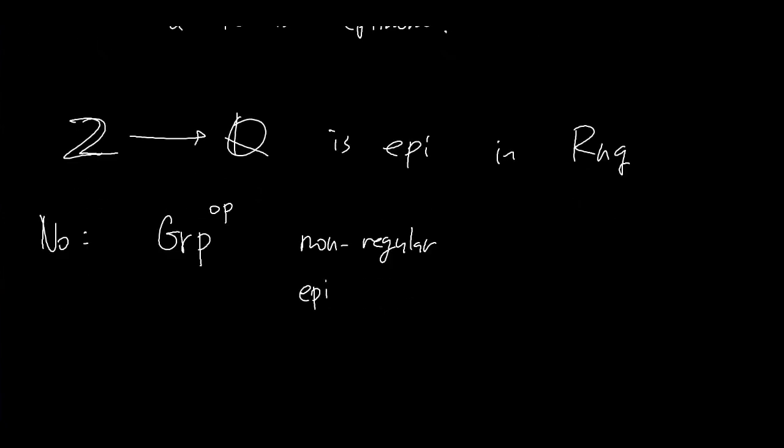Epi in the category of groups is a highly non-trivial result. It's an exercise in Mac Lane's book, Categories for the Working Mathematician, to prove that every epimorphism in the category of groups is actually the same as a regular epimorphism. So epimonos in this category are equal to isos. And how do I know that holds in the dual? Because epimono in the dual category is the same as in the original one, because it's a self-dual concept.